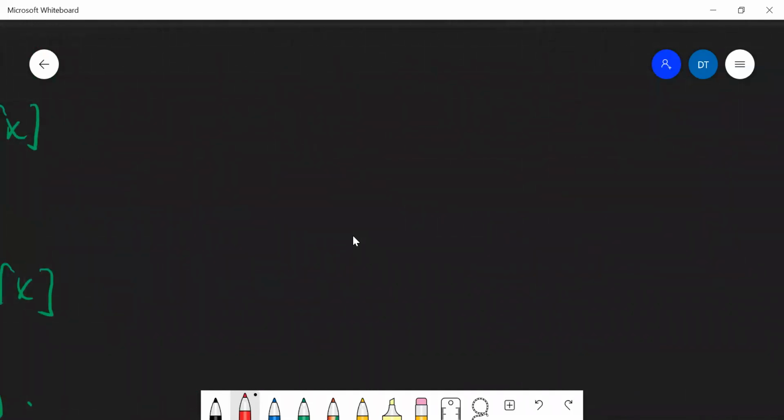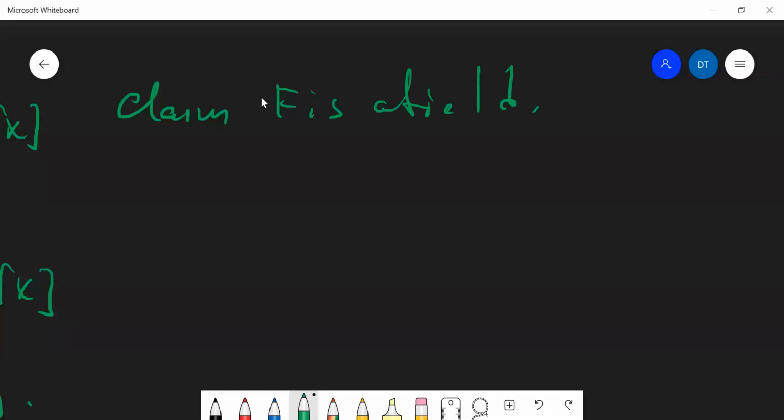So now I want to describe ideals in the polynomial ring. Let me formulate a claim. Suppose F is a field, and suppose I is an ideal in the polynomial ring.